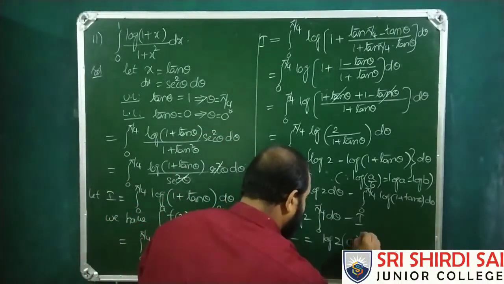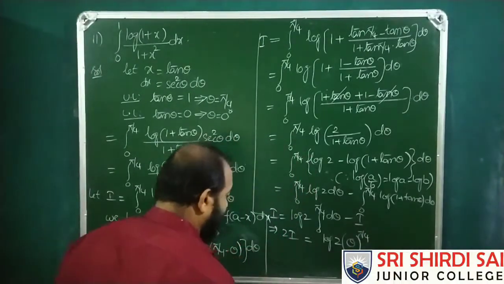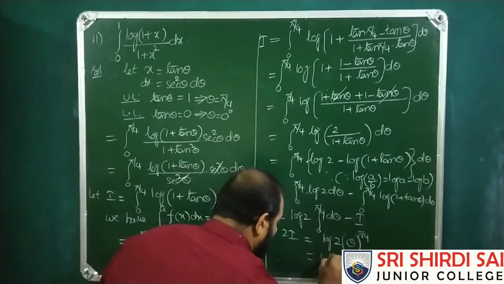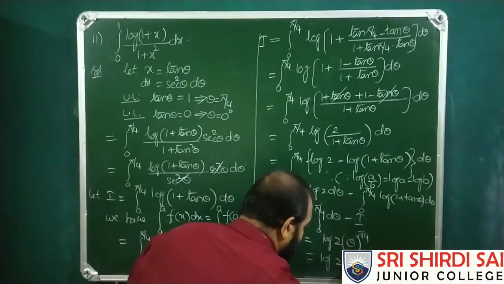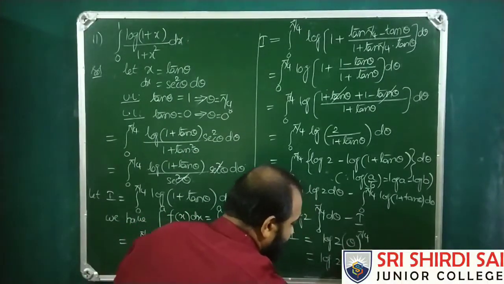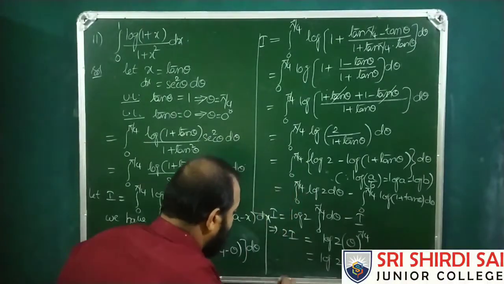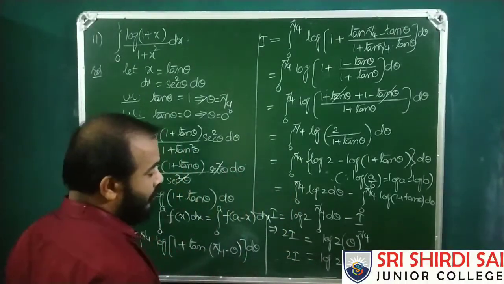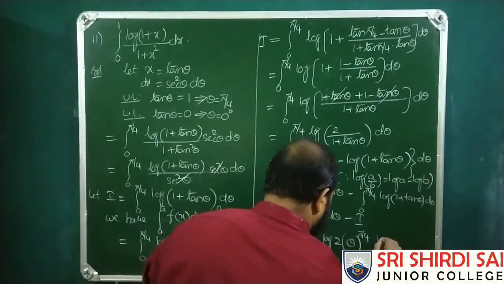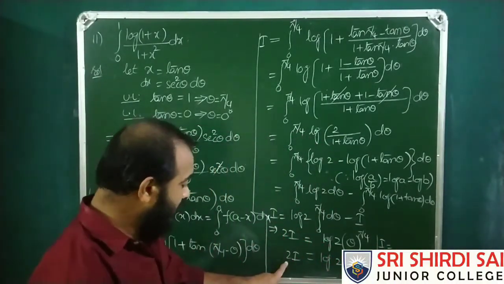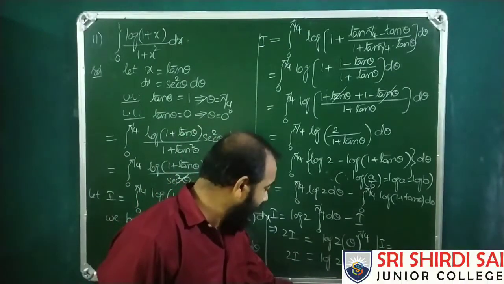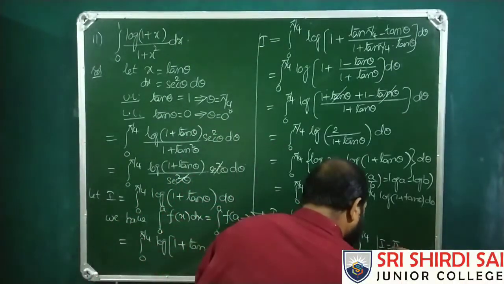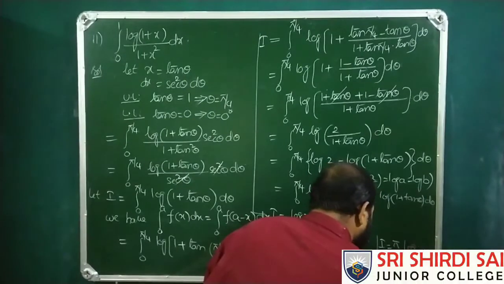Since the process is over, 0 to pi by 4: that is equal to log 2 times, in the place of theta substitute upper limit, minus in the place of theta substitute lower limit. So 2I is equal to this, therefore I is equal to, bringing this 2 to that side, 1 by 2 into pi by 4. So I equals pi by 8 log 2.